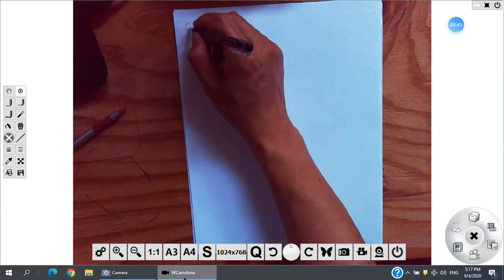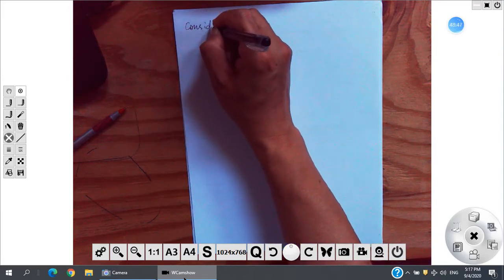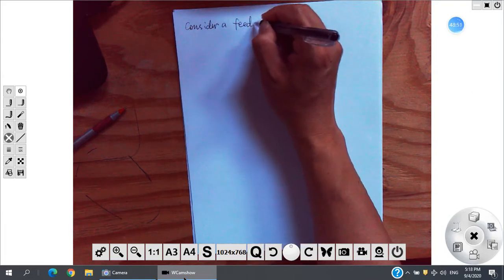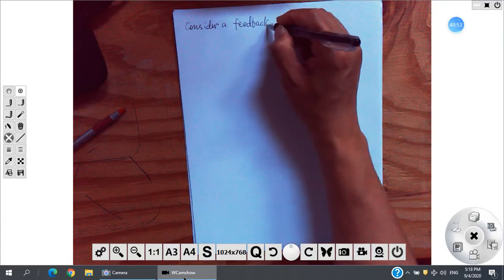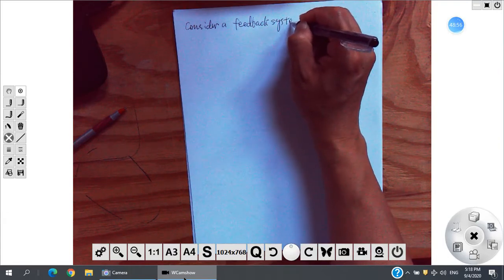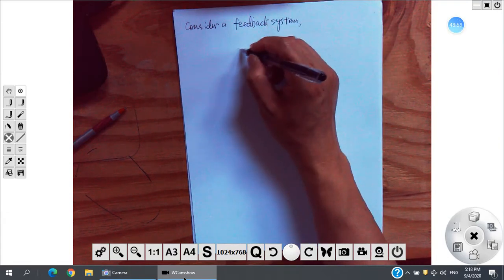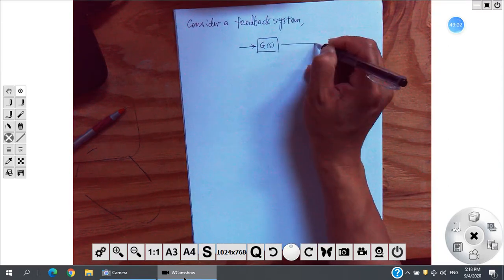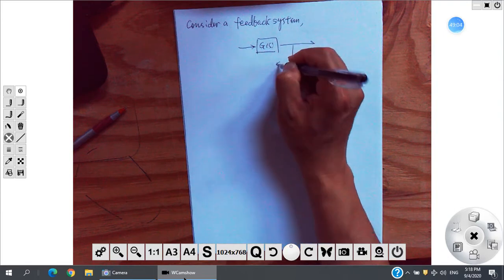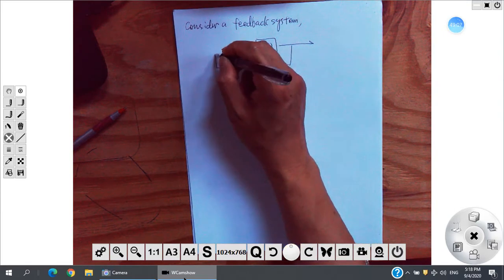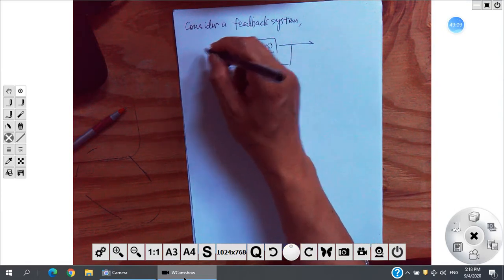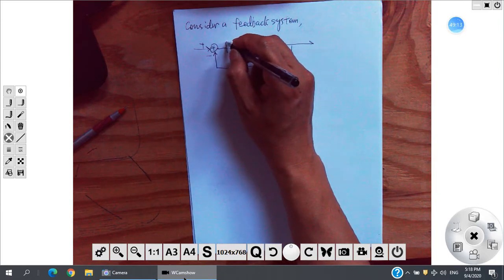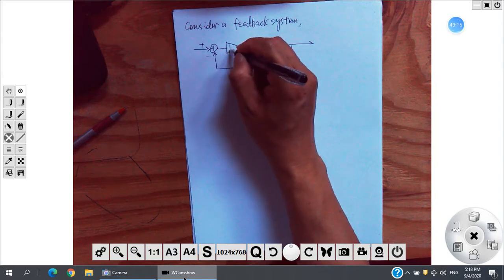Now we consider a feedback system. We have a plant G of S, and we have a feedback. We suppose this is unit feedback. And then we put the controller. The controller is just a constant K.